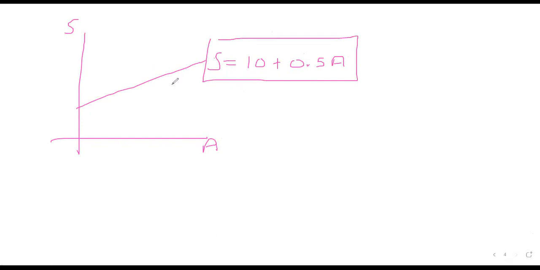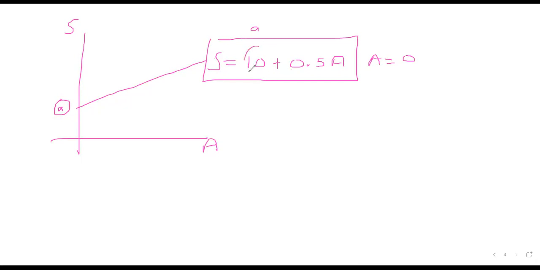So our intercept, our a is what? 10. So it means 10 is an autonomous figure. It means even when you put zero advertising, we still have a sale. So meaning we still make a sale of 10 million without advertising.